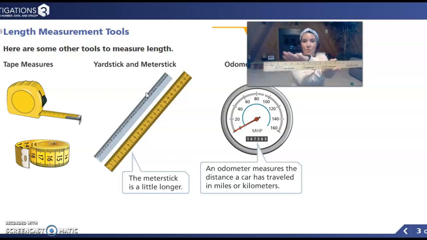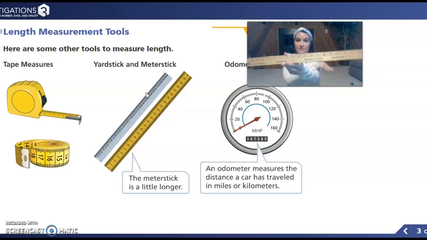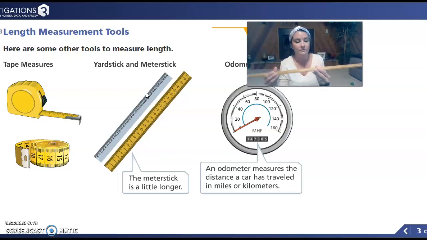So we have 1, 2, 3 feet. Again, a yardstick is part of the U.S. standard system.